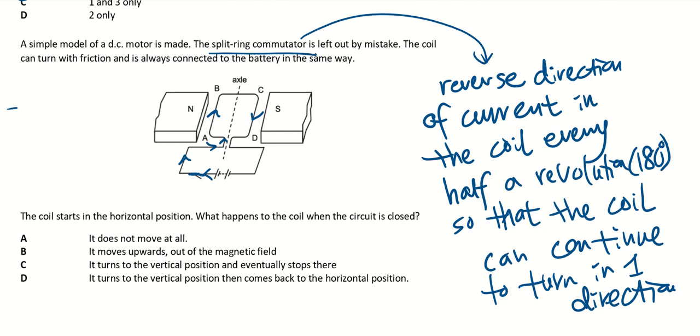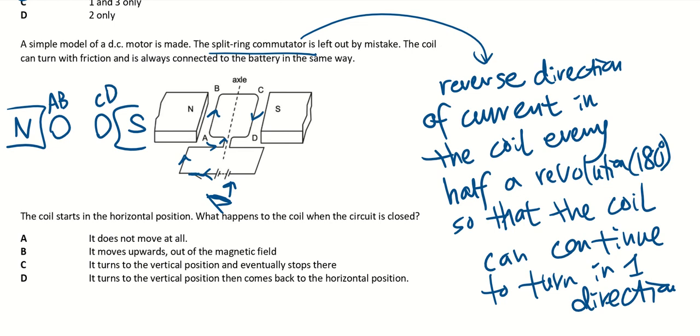If I transform it into 2D and place my eye here, I will see AB and CD. In AB, the current is going from A to B, away from my eye, so I will use a cross. In CD, the current is going from C to D, into the eye, so I'll use a dot.